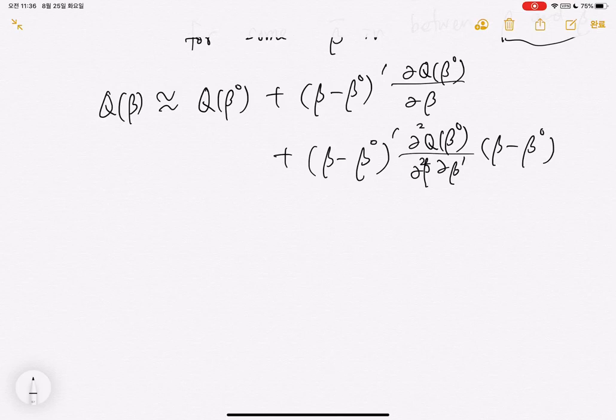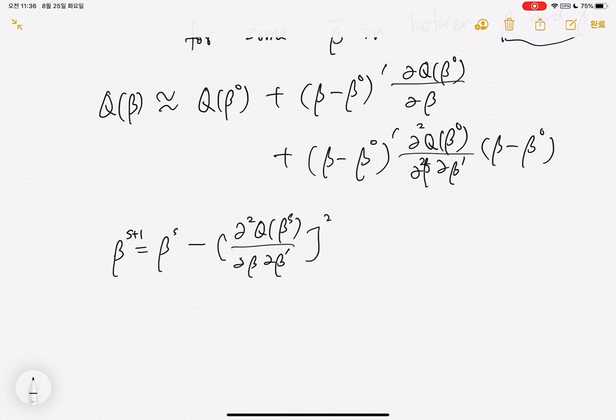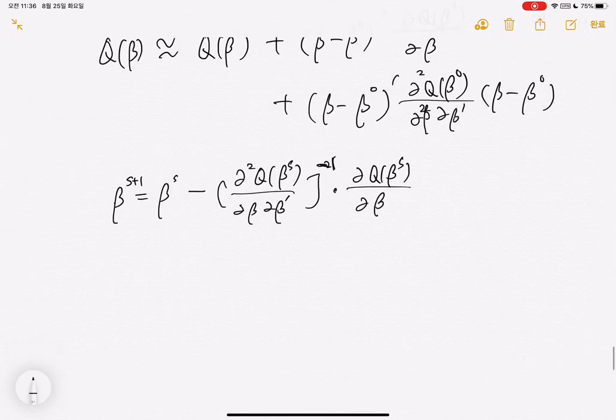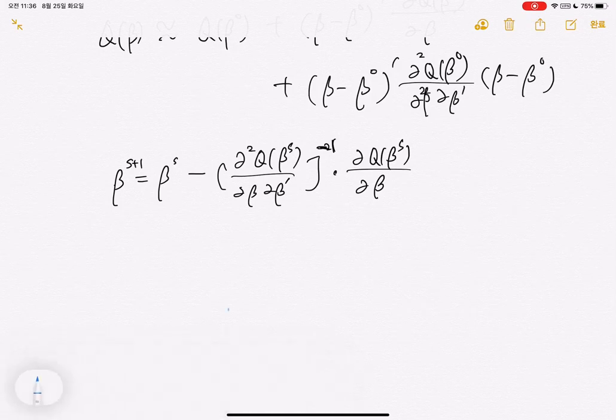Okay, and that's this. So your beta s plus 1 equals beta s minus the inverse of partial squared Q of beta s over partial beta prime partial beta, times partial Q of beta s over partial beta. Now compare this with the algorithm for a univariate function.